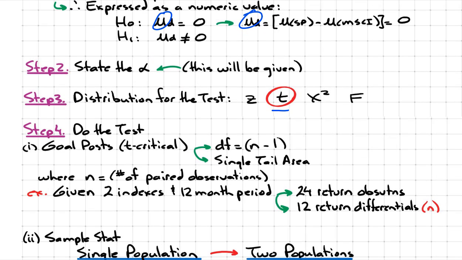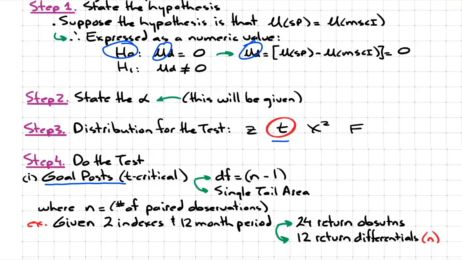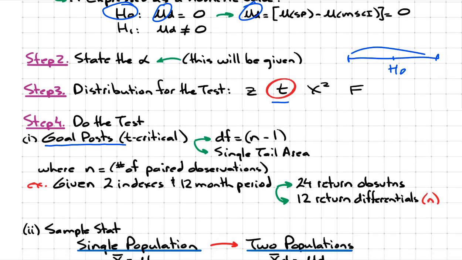As we've seen in previous modules, first we set up the goalposts, and this is the acceptance band. So if that's the null, we need goalposts in order to build that confidence band around the null. But of course, in hypothesis testing, that's referred to as T-critical rather than goalpost.